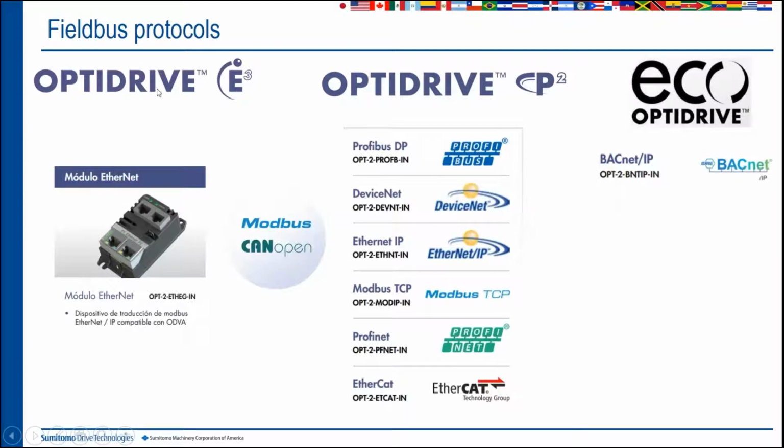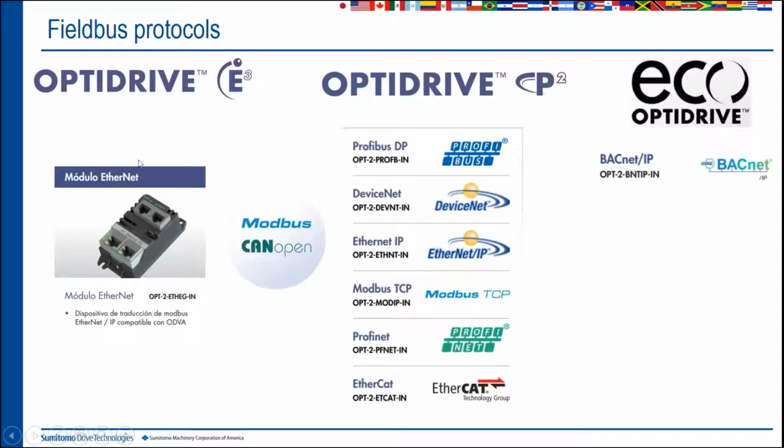As you can see here, E3 and P2 are both compatible with Modbus and CANopen. I will talk to you about this a little bit later. But for example, in E3, you will only have Ethernet IP available.